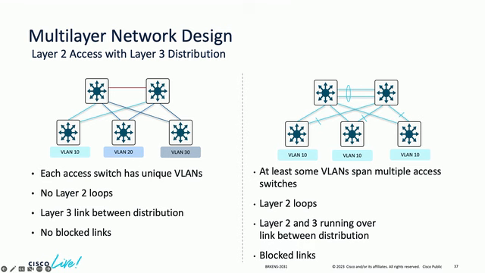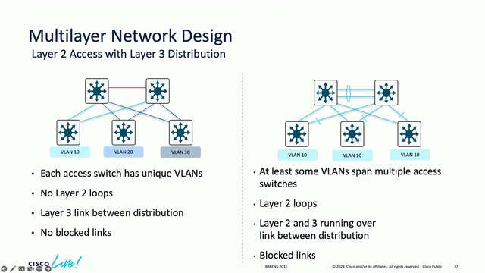Because if we follow the rule, then we have some unique features. First of all, we eliminate the possibility of having a loop. With this approach in between our distribution and access, there is simply no chance for a loop. We span an L3 interface between our distribution, and we eliminate the chance that even if something goes wrong, we're going to have a loop in our network.